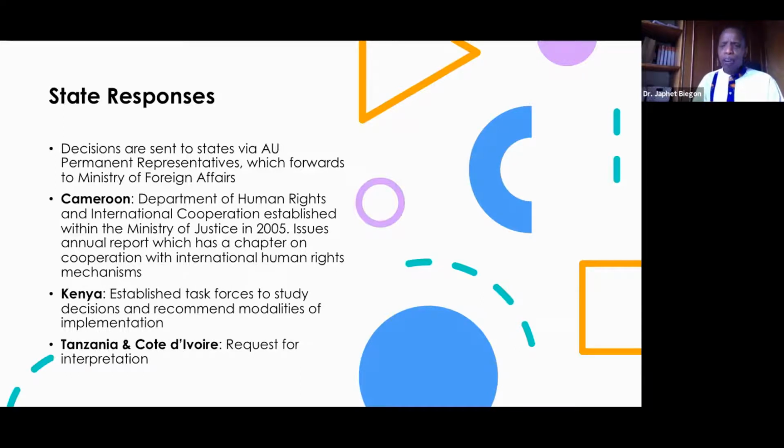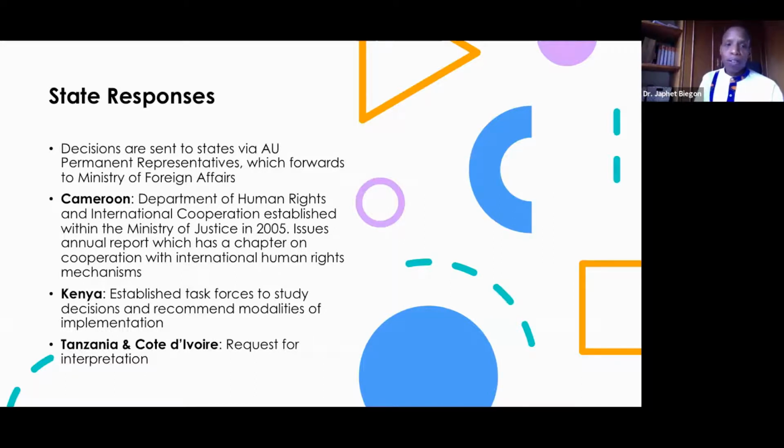But across the continent, we see there are certain states that are taking measures or have put in place mechanisms for reception of decisions from the regional bodies. And this does not necessarily speak to the effectiveness of those mechanisms, but at least they exist.